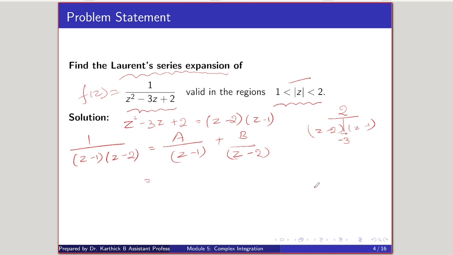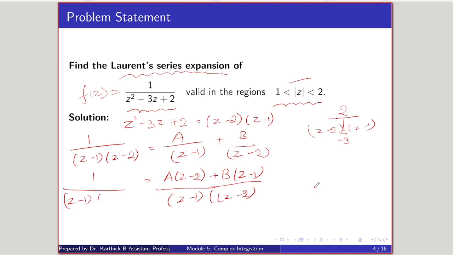So before that, we can make a simplified form: a into z minus 2 plus b into z minus 1, divided by z minus 1 into z minus 2, and on the other side also z minus 1 into z minus 2. So these two denominators get cancelled, and the remaining is 1 equals a into z minus 2 plus b into z minus 1.